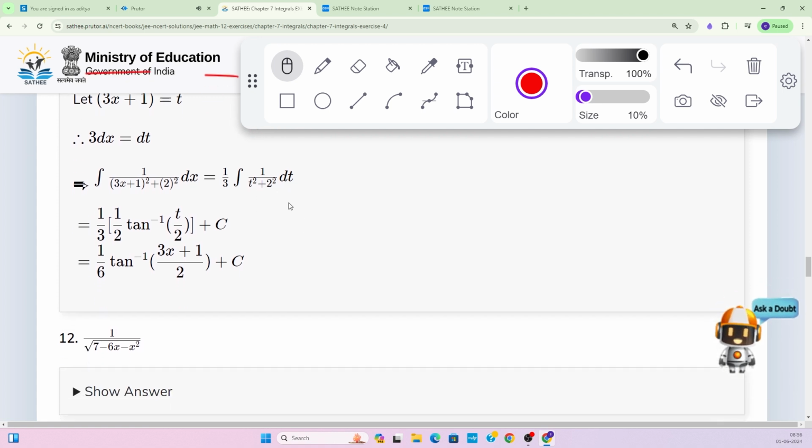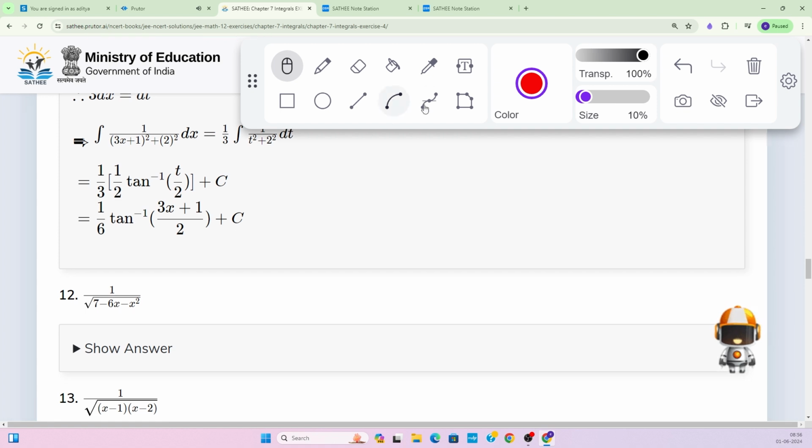Now we know that integration of 1 by a square plus t square is in terms of tan inverse, which is 1 by a tan inverse t by a plus c. So 1 by 6 tan inverse of 3x plus 1 by 2 plus some constant. This will be your final answer. I hope it is clear to you. Okay, now the 12th problem.